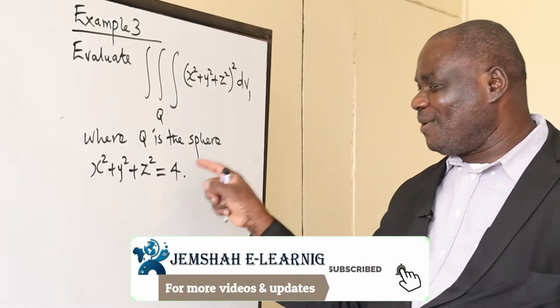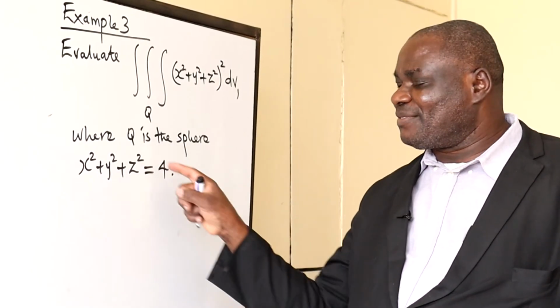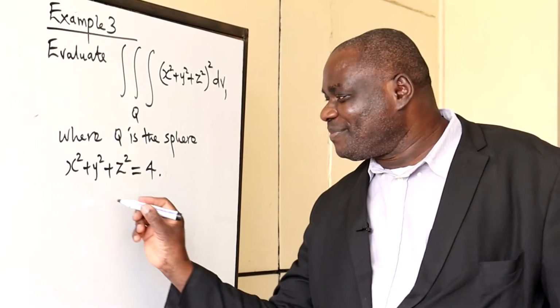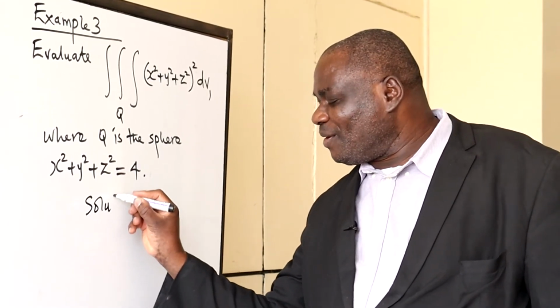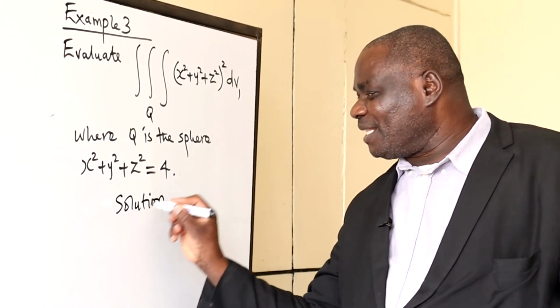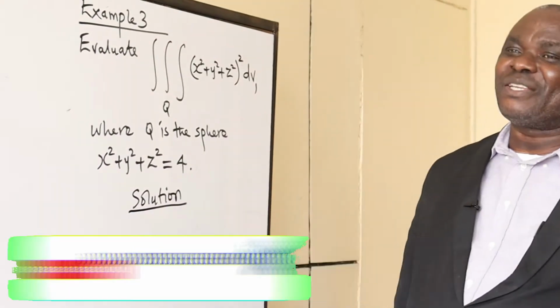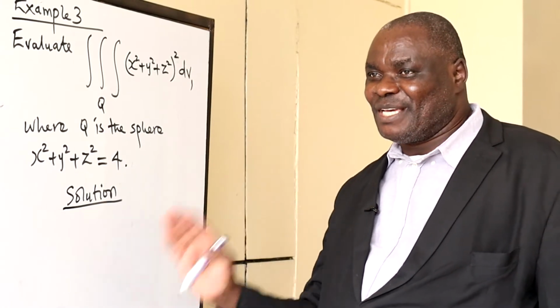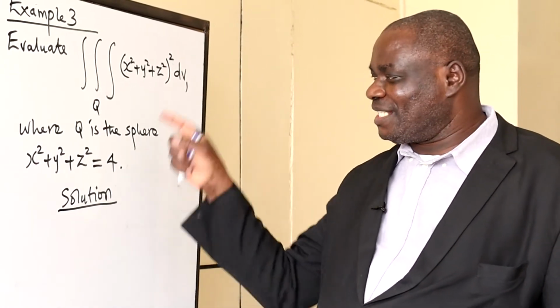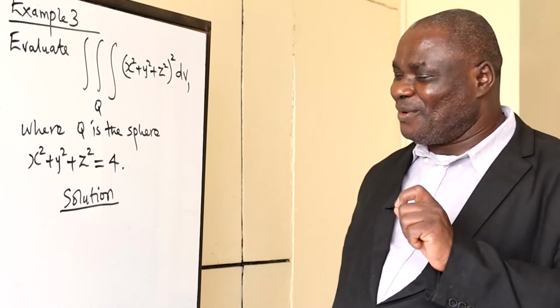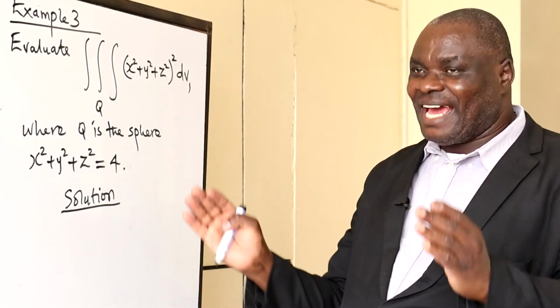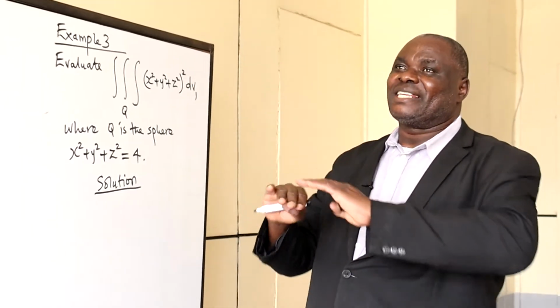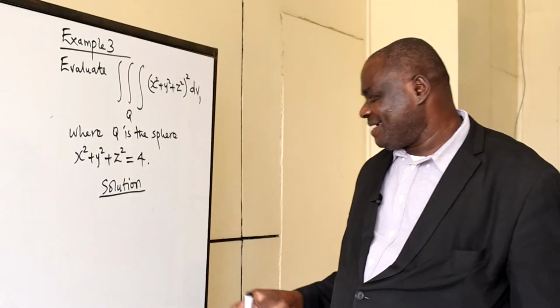Therefore, r is equal to what? 2. After knowing that, we know the length from the origin, which is normally our rho. Rho can only change from 0 to 2 because it is a full sphere of radius 2, and we are trying to integrate over the whole solid.